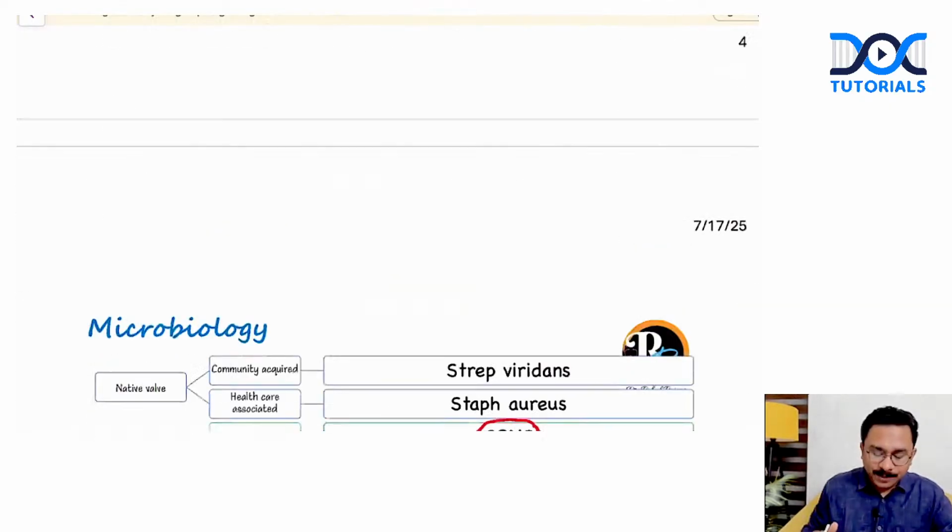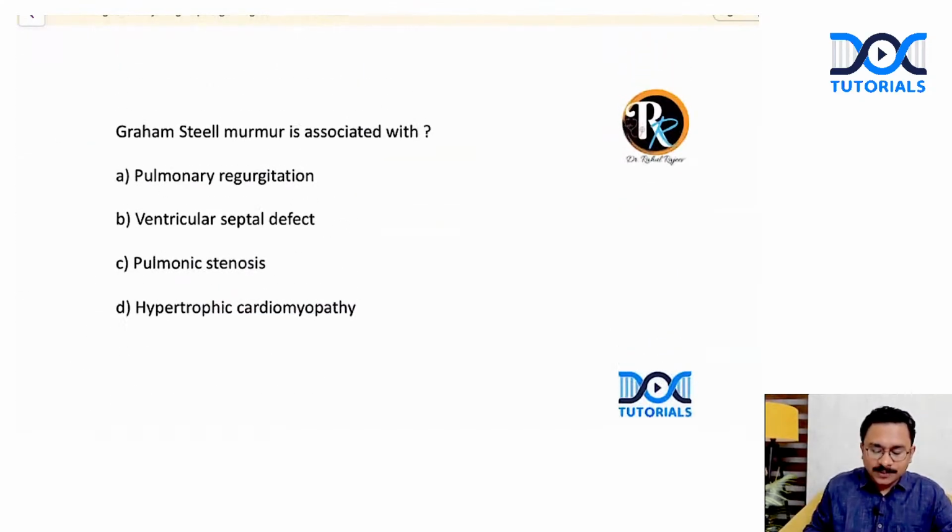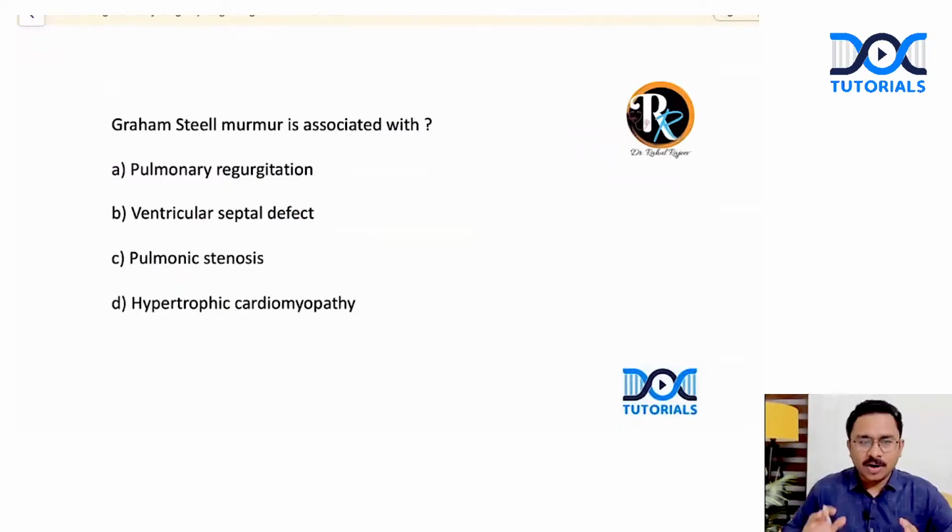Okay, that is clear. Coming to the next one, again, cardiology this time had a good number of questions for the FMG exam. Let us see this question. Graham-Steell murmur, very important question, my dear students. The next few questions that I am discussing are the most important questions. Why? Because in the FMG exam, one of the most important systems is cardiology.